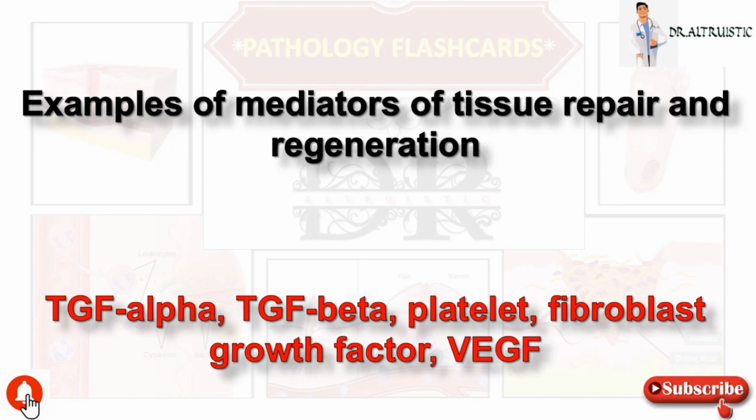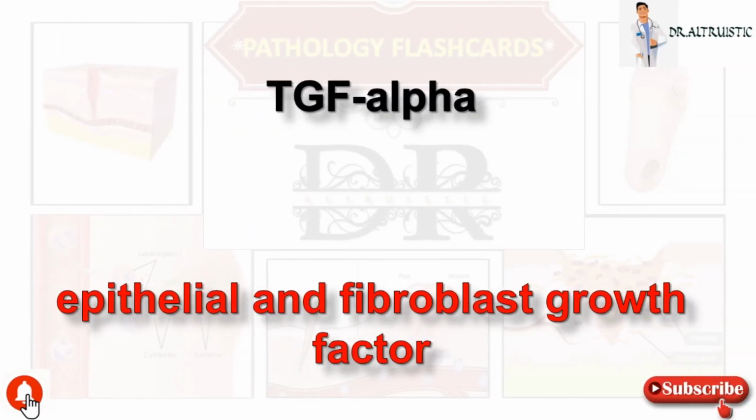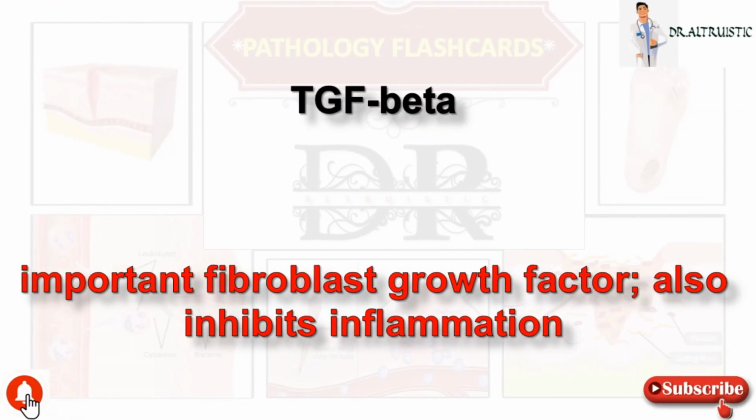Examples of mediators of tissue repair and regeneration: TGF-alpha, TGF-beta, platelet-derived growth factor, fibroblast growth factor, VEGF. TGF-alpha, epithelial and fibroblast growth factor. TGF-beta, important fibroblast growth factor, also inhibits inflammation.